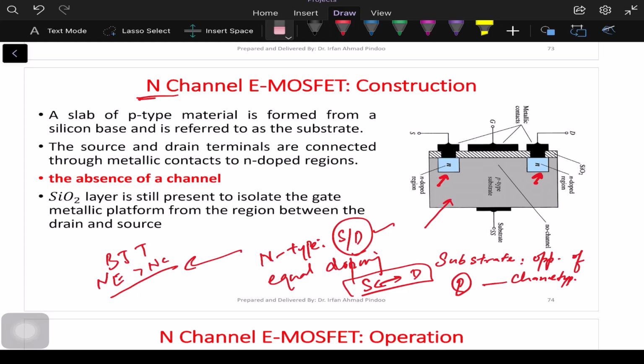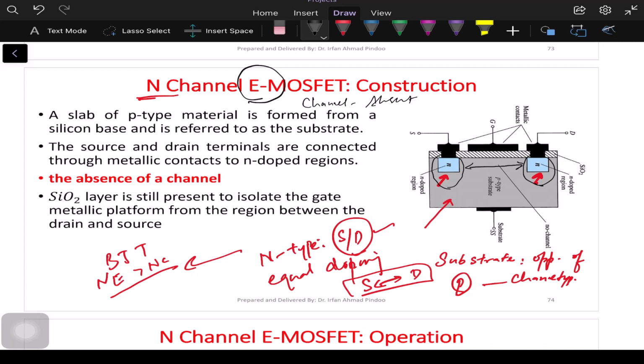Then the third point is that, as we said, we will be studying the E-MOSFET. E stands for enhancement, and I told you in the definition also, enhancement MOSFETs are those MOSFETs where the channel is absent. Now if we look at the diagram, we have N here, meaning we have electrons at the source and the drain, but in between we have this path, which is called the channel, and this channel is not available.